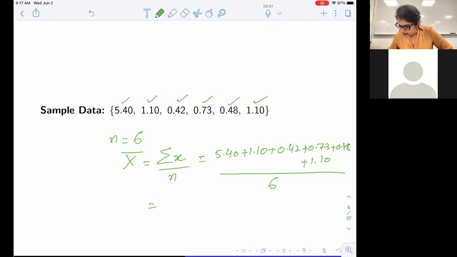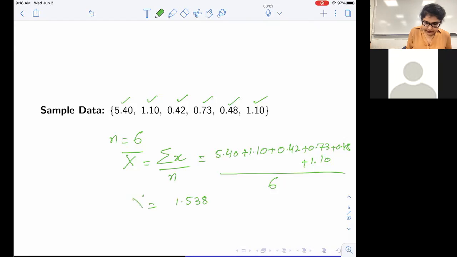Let's see what value we can find. So this is giving me 1.538, and 333 and so on, right?